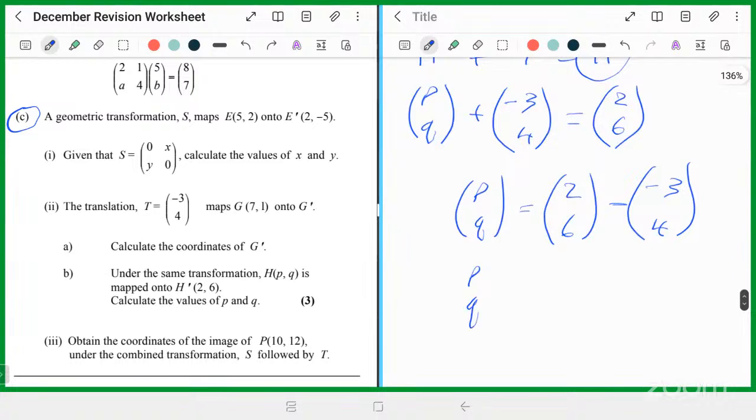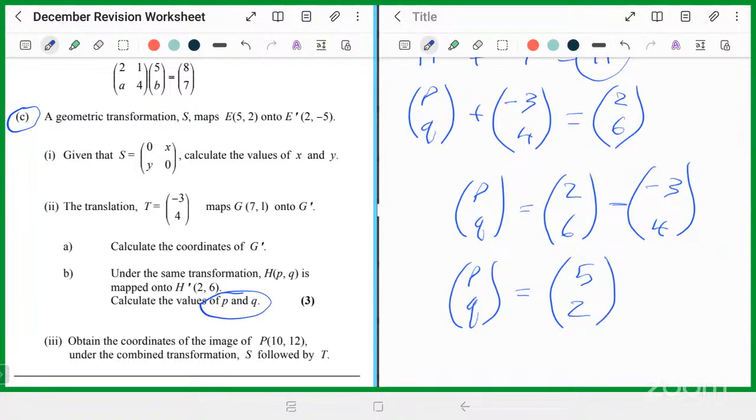So (P, Q) becomes equal to 2 minus negative 3, which gives us a plus. That is 5, since 2 plus 3 is 5. And then 6 minus 4 is 2. The question asks for the value of P and Q, so you can't give them that as the answer. You have to tell them what P is and what Q is. Answer the question.